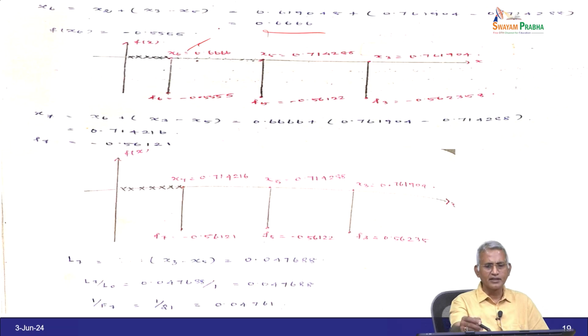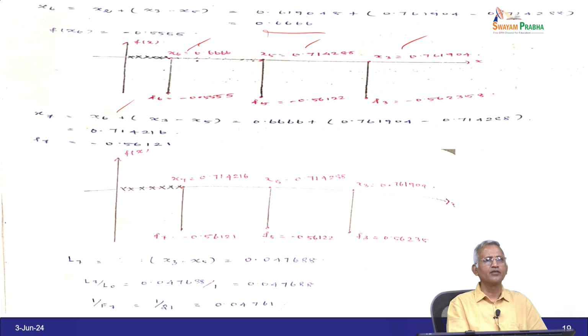Now, we got x6, x5 and x3. Compare them. f5 and f3 are nearly equal, and f6 is greater than f5 and f3. Therefore, we have to choose x6 compared with x3 minus x5.